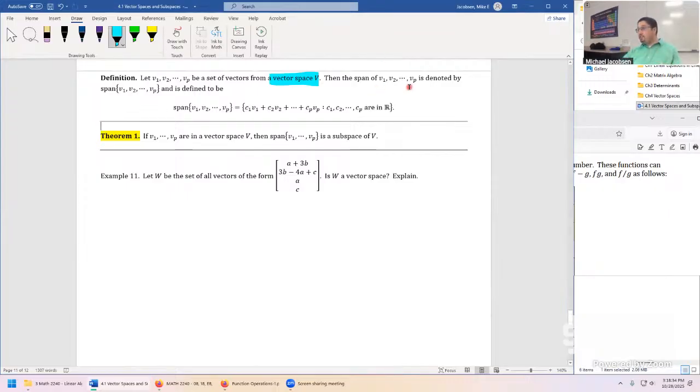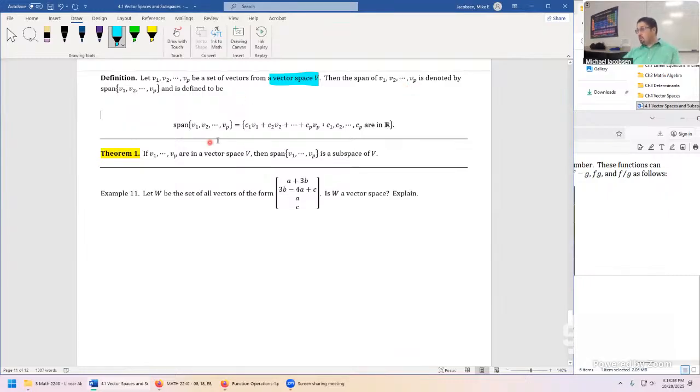If we take a set of vectors and span them, all we really mean is the set of all linear combinations. This is what the linear combination would look like. And we allow the scalars, or the weights of that combination, to be any real number whatsoever. So that's the span of a set. Now, theorem 1 is a fantastic theorem. The proof of it is not too hard, it's just a lot of writing. I'll leave it up to the reading for you to take a look into.